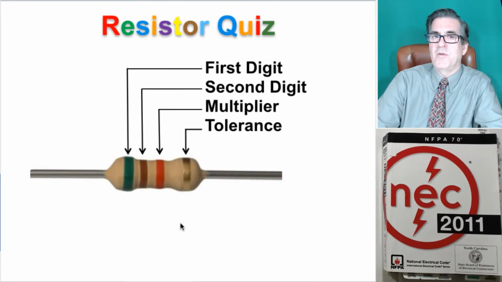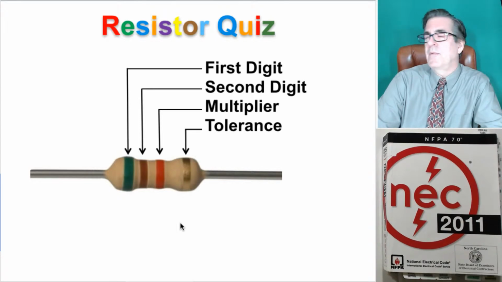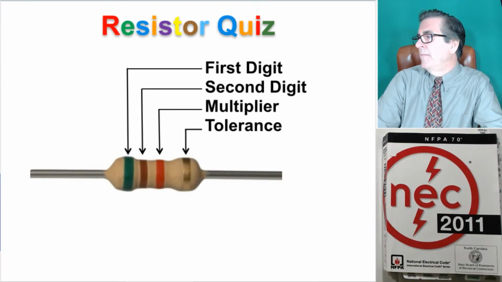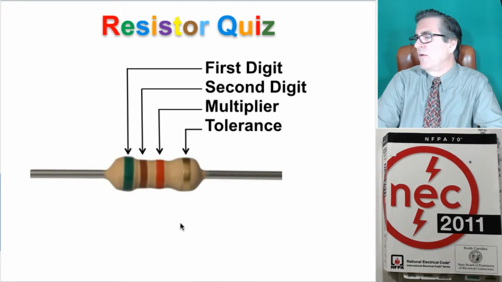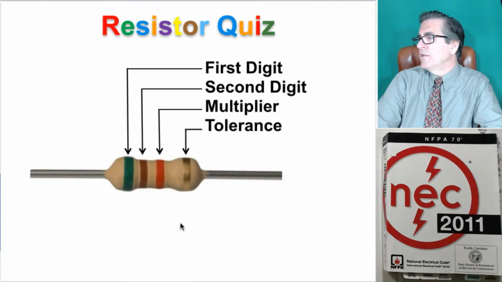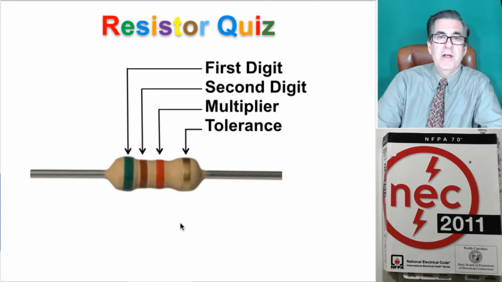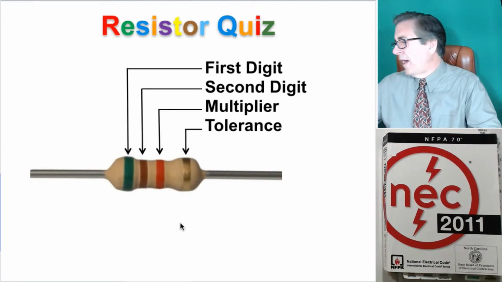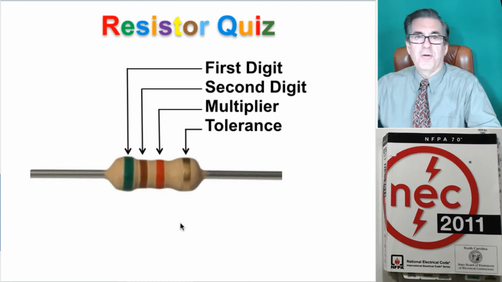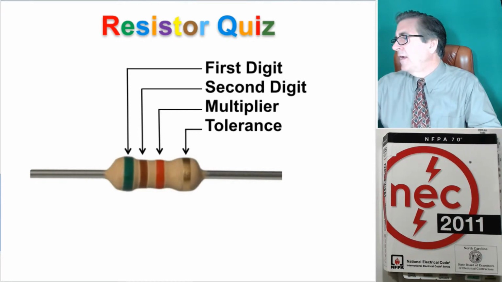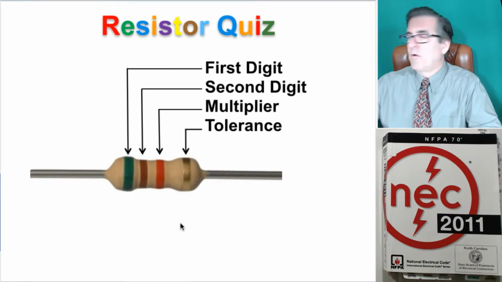Maybe you need a more accurate resistance for some circuit you're wiring. But in our industry, we're pretty much just looking at 3 bands on the left and that tolerance band on the far right. The first color defines the first digit, the second color defines the second digit, and the third one is the multiplier.